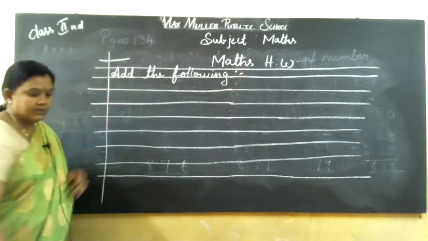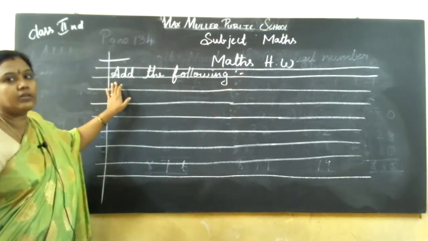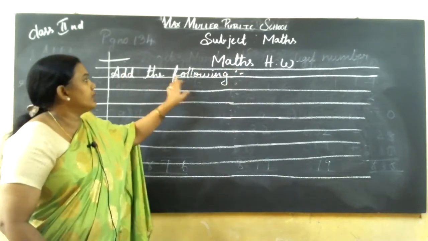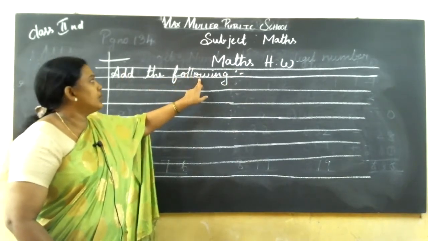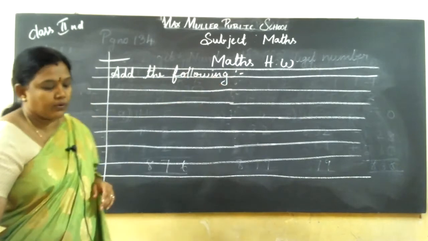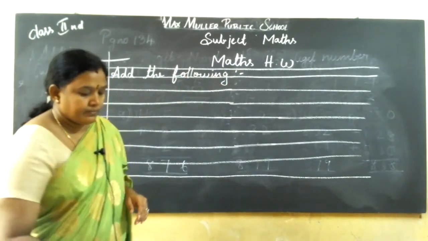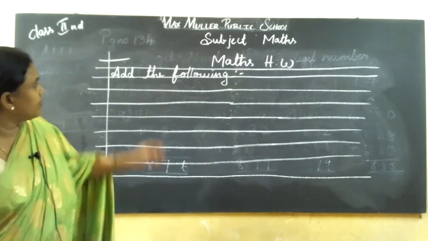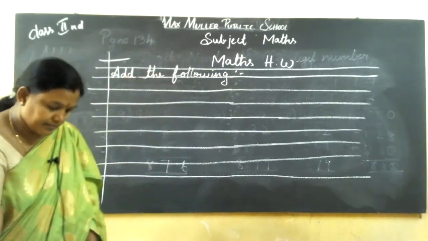Write neatly, children. When you are writing, read the spelling also. ADD, add, THE, the, FOLLOWING, following. Add the following. Write neatly. Leave one finger space and write neatly.